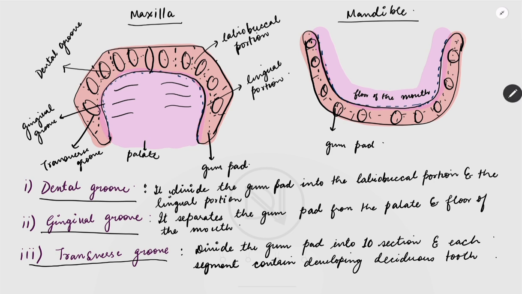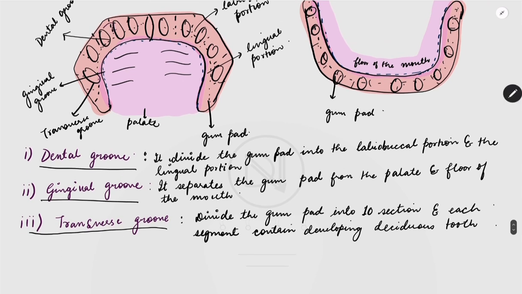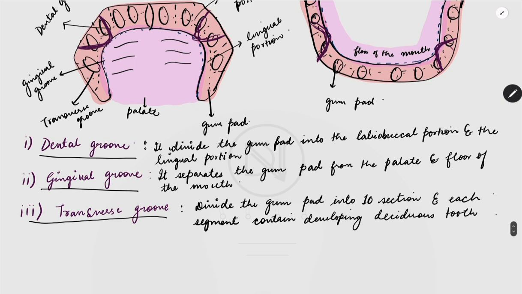Okay, now there is an important section over here which is called your lateral sulcus. It begins from your canine. It is the transverse groove which is between the canine and the first deciduous molar. This is what we call the lateral sulcus. Okay, so they are present in both arches. Here it is from the canine to your first deciduous molar, and this is called your lateral sulcus.